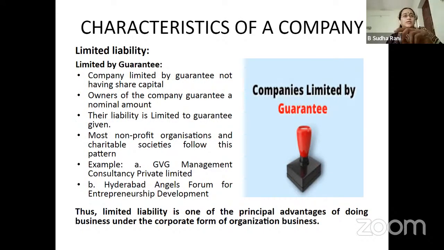So in joint stock companies, the liability of members is of two types: limited by guarantee and limited by shares. Limited by shares means to the extent of the share value invested in the company. Limited by guarantee means the guarantee given at the time of becoming a member of the company.